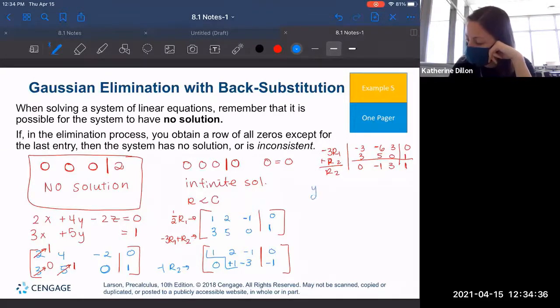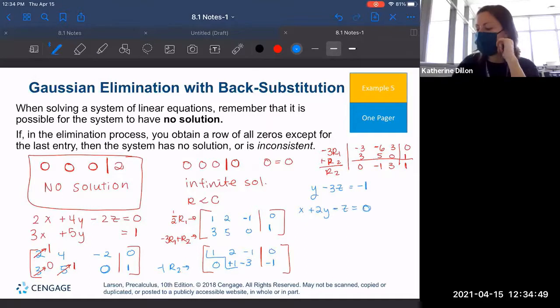That bottom one is y minus 3z equals negative 1. And that top one is x plus 2y minus z equals 0. At this point, it's exactly the same as when you have infinite solutions with a system of equations. So we're going to take z and set it equal to a.